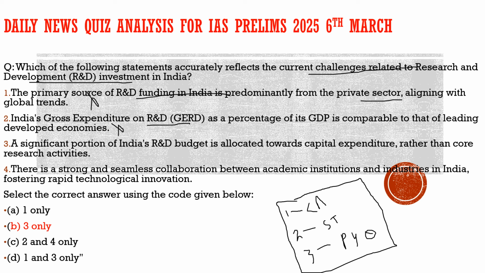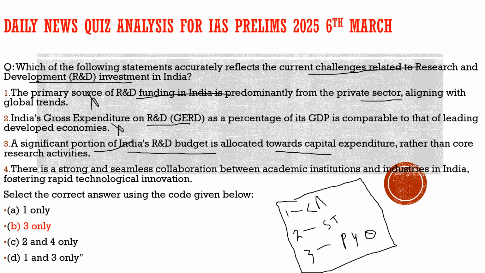Third statement, it says a significant portion of India's R&D budget is allocated towards capital expenditure rather than core research activities. 100% correct. This is one of the major issues also, and it is 100% true.